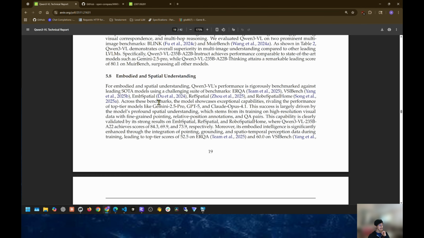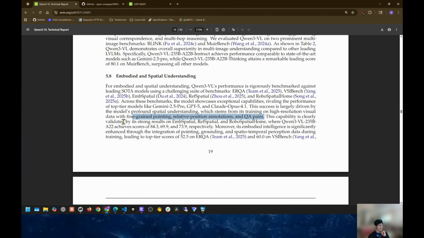Across these benchmarks, the model showcases exceptional capabilities, rivaling the performance of top-tier models like Gemini 2.5 Pro, GPT-5, and Claude Opus 4.1. This success is largely driven by the model's profound spatial understanding, which stems from its training on high-resolution visual data with fine-grained pointing, relative position annotations, and QA pairs.